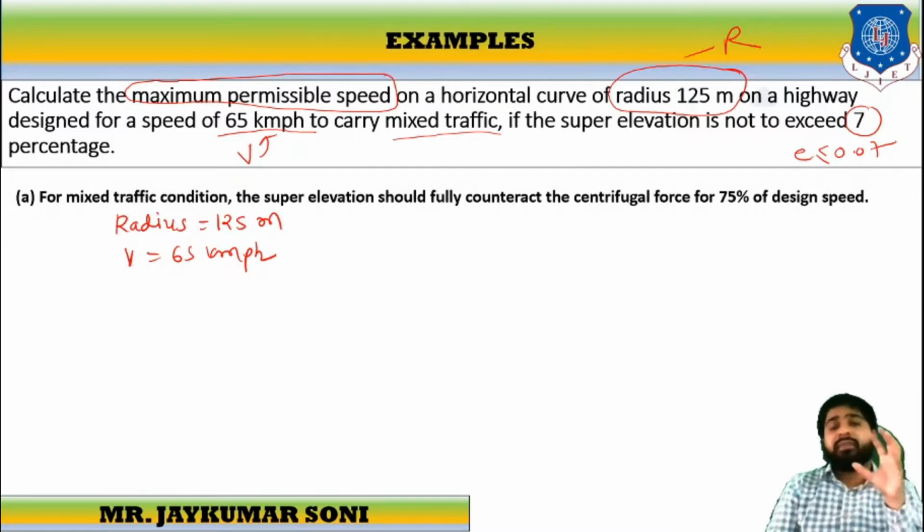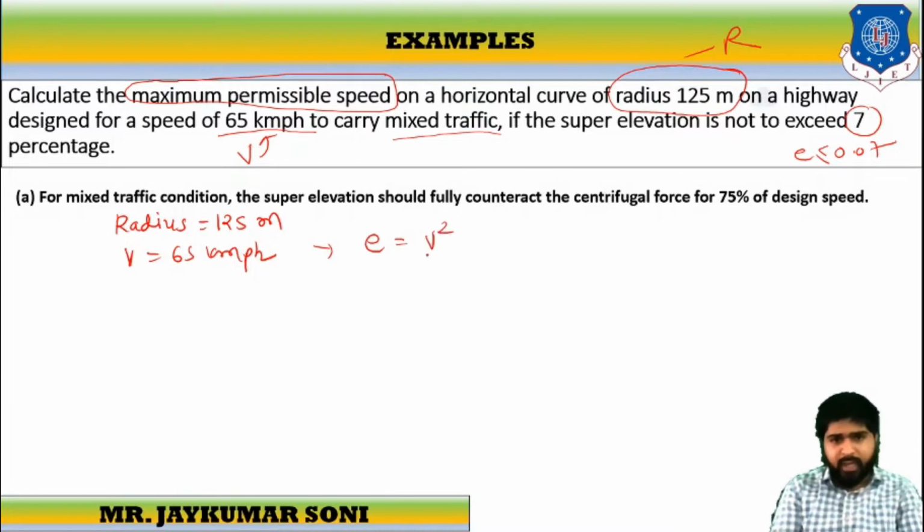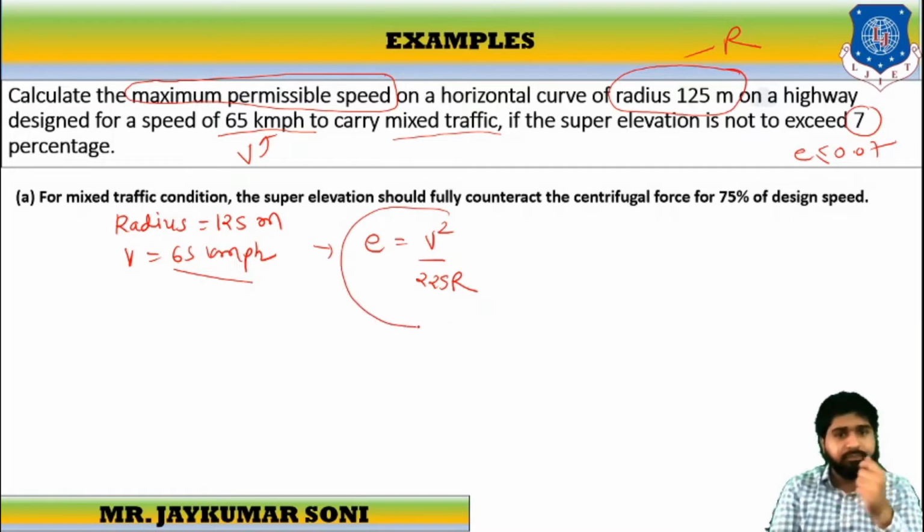Now for mixed traffic condition, the super elevation should fully counteract the centrifugal force. The speed should be taken as 75% of design speed and the friction factor is to be neglected. So the equation that we are going to use is E is equal to V square by 225 R. We need not convert the speed into meter per second if we are using this equation.